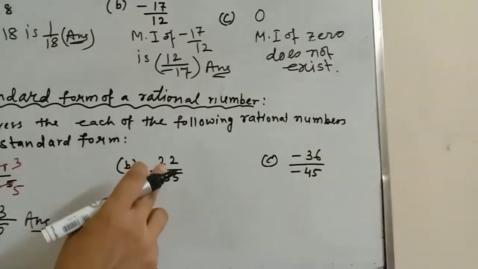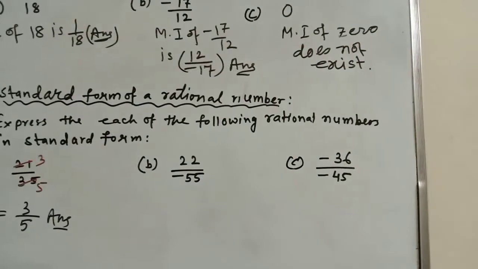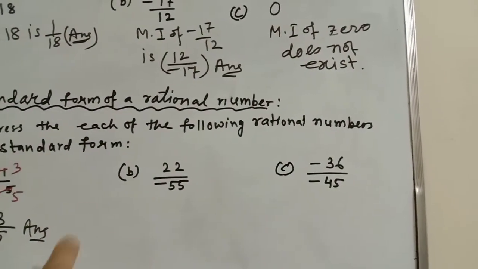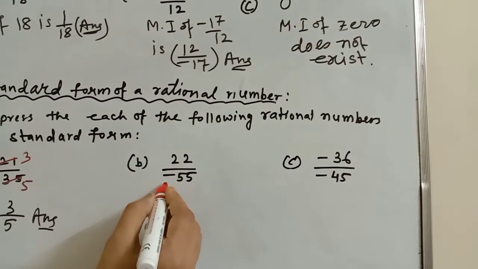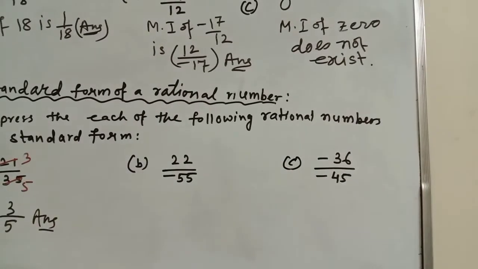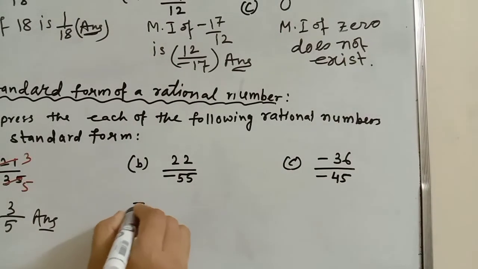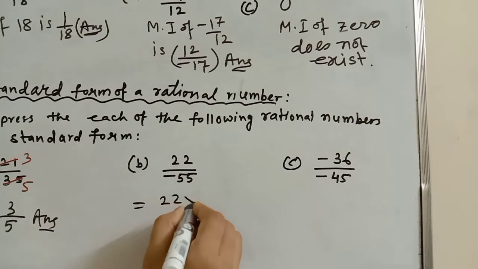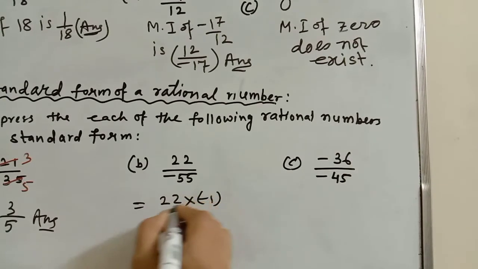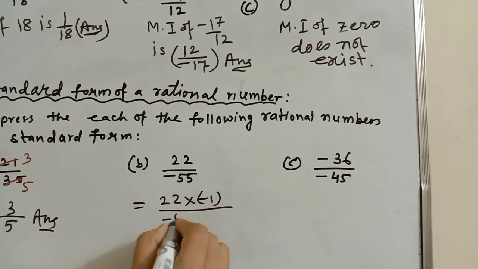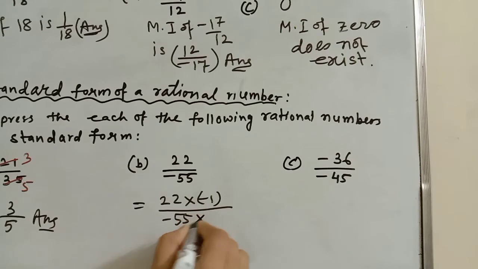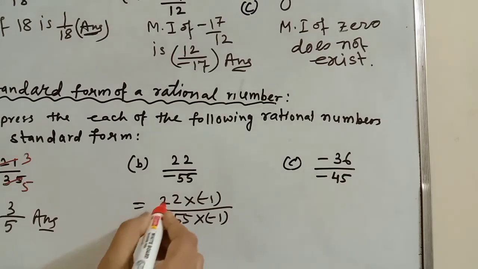The next number is 22 by minus 55. See here, we can cancel this number and also the denominator is negative. So what do we have to do? Here we will multiply both numerator and denominator by minus 1 to make the denominator positive. And if it is possible to cancel, then at the same time you can cancel also.